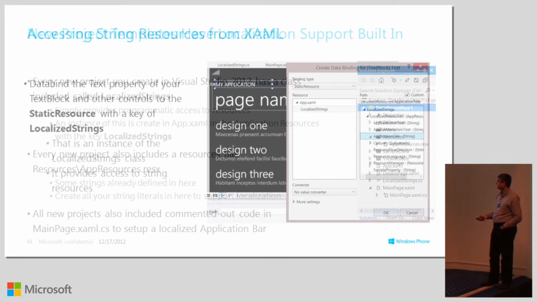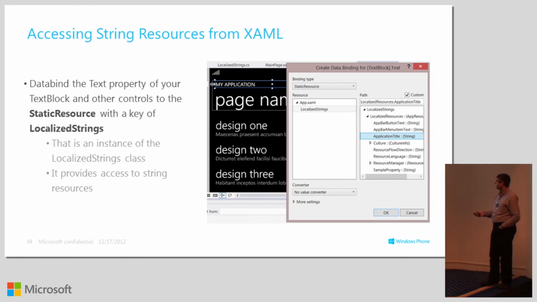So if you see here, you have the localized strings, then you have the different resources, and you have the culture information. You can add the different localized strings to the resources and then retrieve them from code.